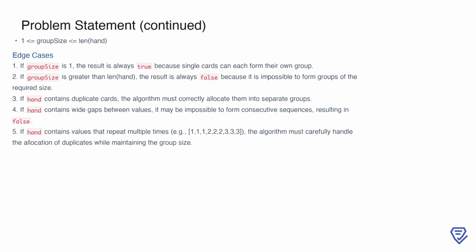Finally, in cases where the hand contains values that repeat multiple times, such as 1, 1, 1, 2, 2, 2, 3, 3, 3, the algorithm must carefully distribute these duplicates while respecting both the group size and consecutiveness requirements. These considerations help ensure the solution handles a wide range of inputs effectively.